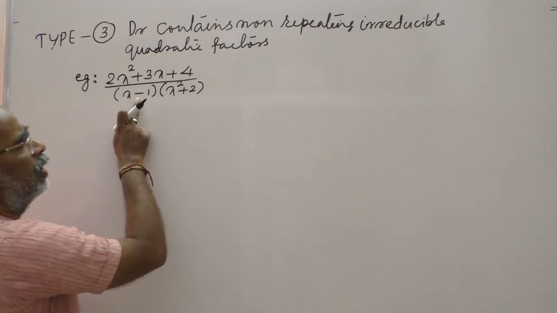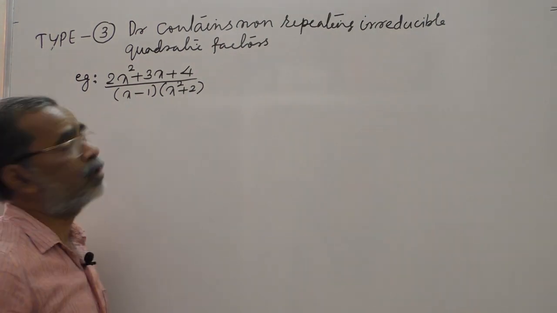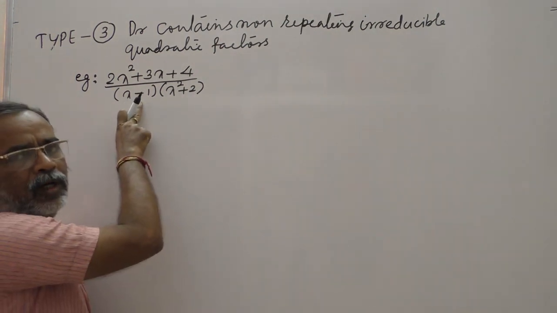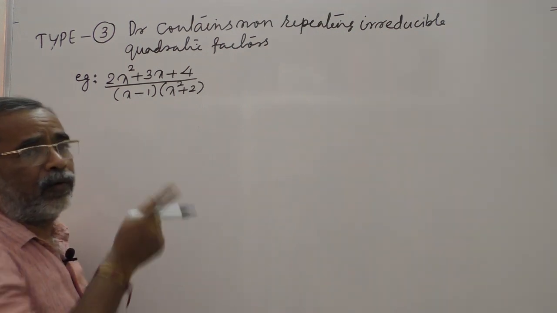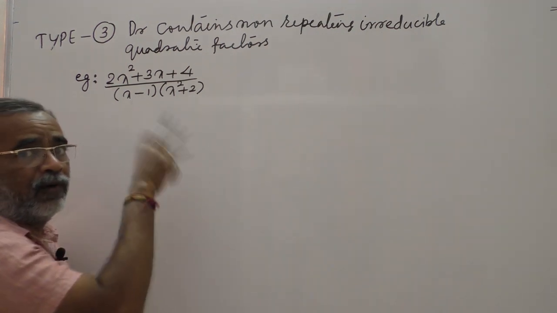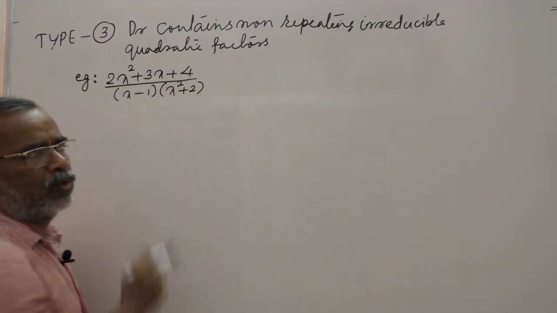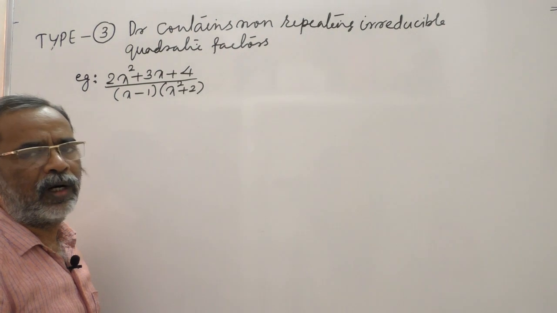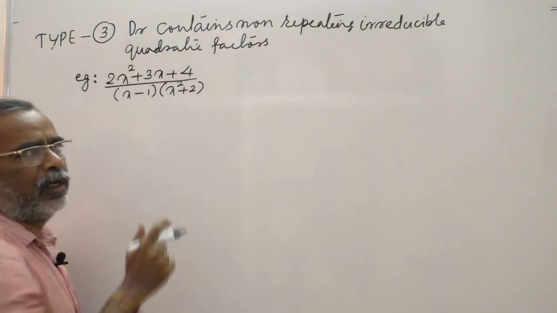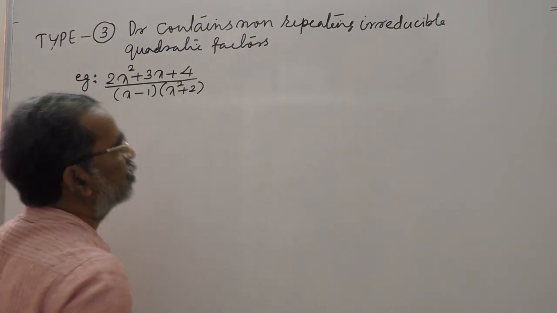In the denominator there is a linear factor which is non-repeating, only appearing once. Therefore for this, type 1, we have already seen. What is another factor? X square plus 2, which is an irreducible quadratic factor, non-repeating. It is also appearing only once.